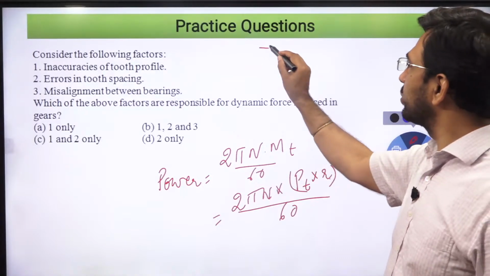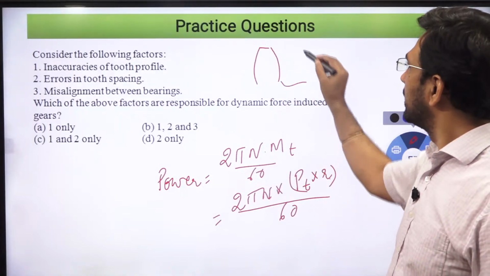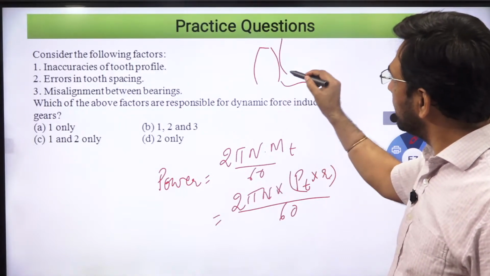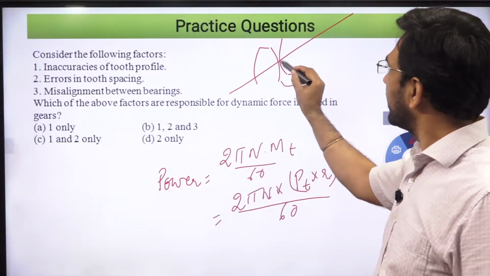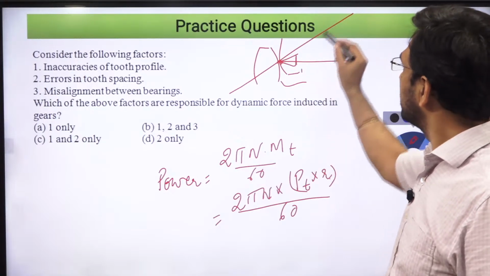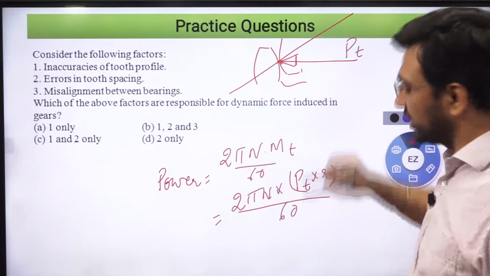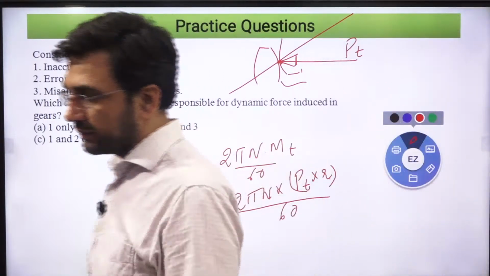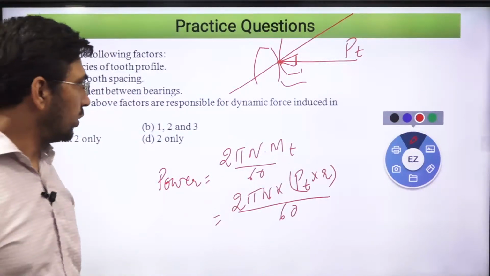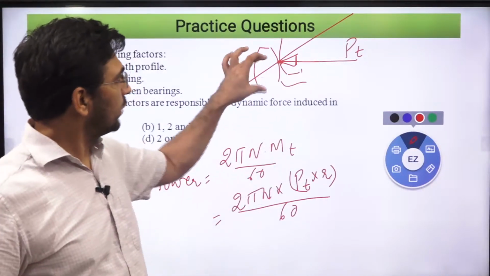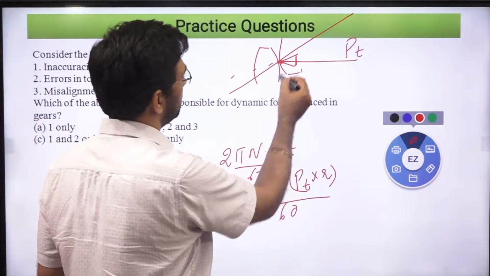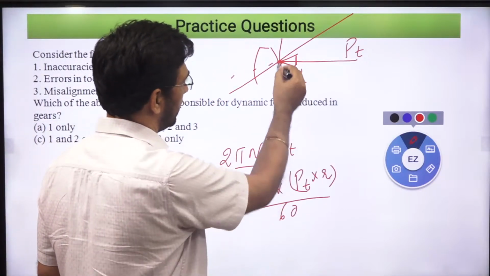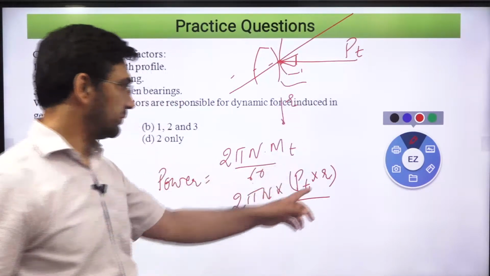PT is the tangential tooth load. At the pitch point, on the line of action, this component is PT, the tangential tooth load. So PT into R, where this is the pitch circle and this is the pitch point, becomes the torque.